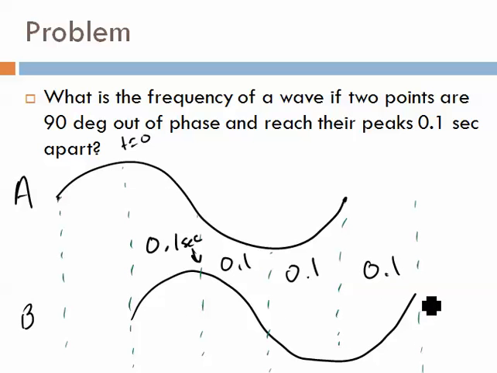Well, that means we can add all four of these times up and find out that the period in this case is 0.4 seconds. So then we know the frequency just has to be the inverse of that. So the frequency turns out to be 2.5 hertz.